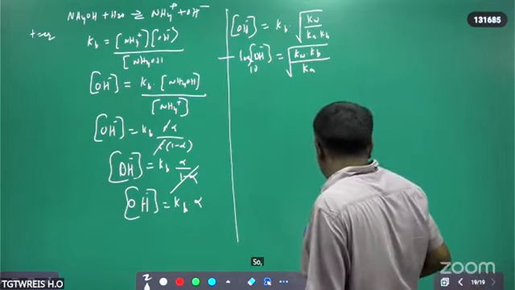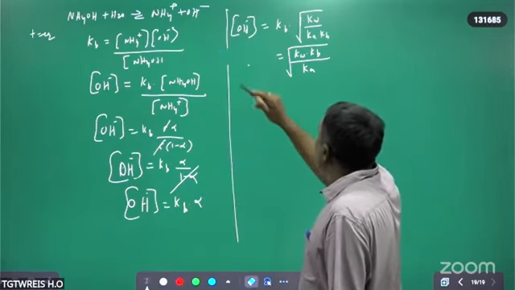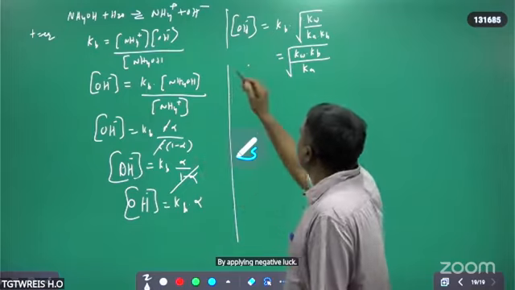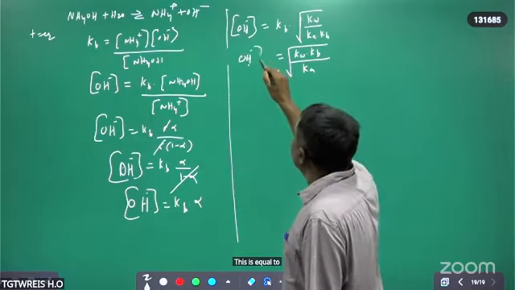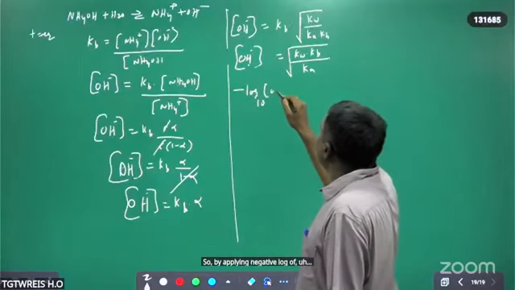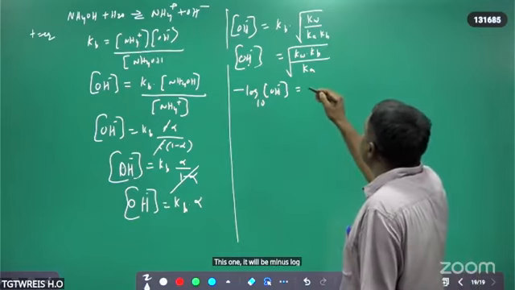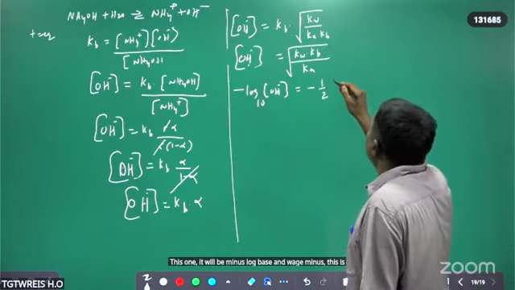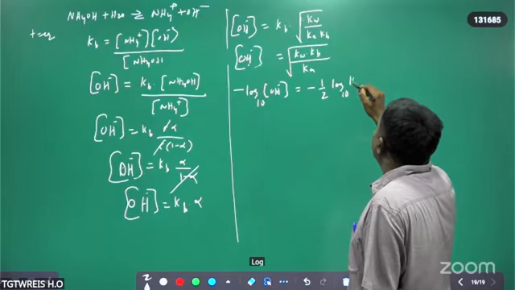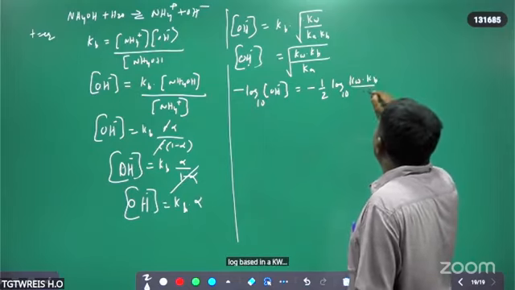Applying negative log, we get minus log base 10 of OH minus, which is minus 1 by 2 log base 10 Kw into Kb by Ka.